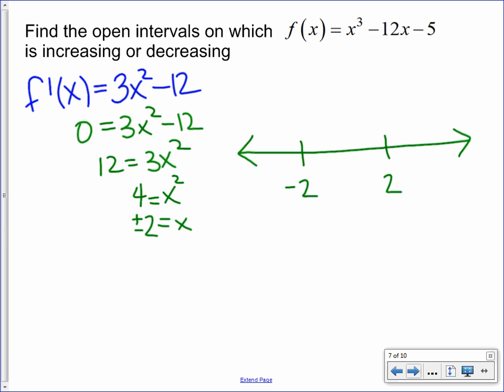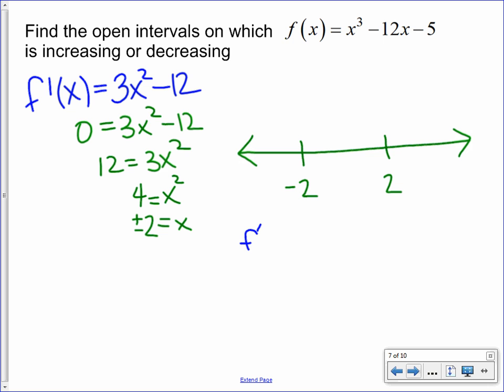To the left of -2, what would you like to plug in? -3, and we're plugging into the derivative. Do we not need to find the actual points though? No, not right now. Tomorrow, yes. Right now, no.